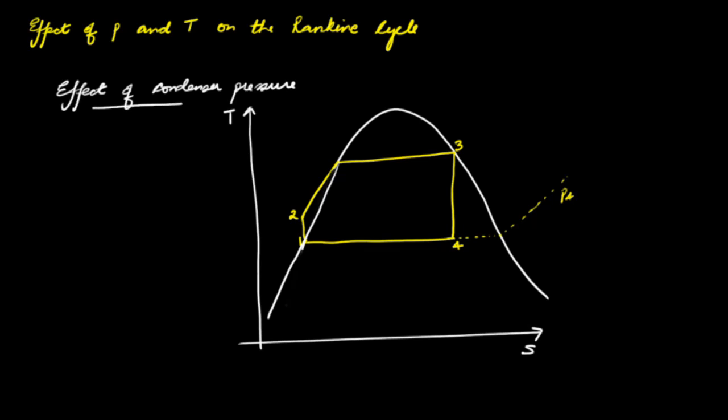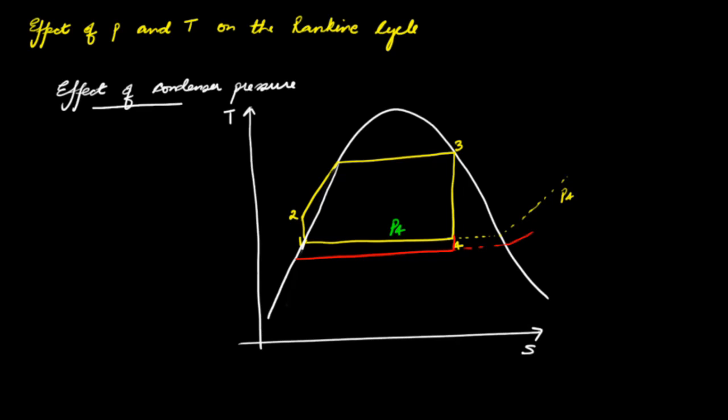on the efficiency. So let's look at this basic Rankine cycle on a TS diagram, and now let's say that we reduce the condenser pressure. So initially, let's say the condenser pressure for this cycle was P4, and now we consider a new cycle where the condenser pressure is lower.